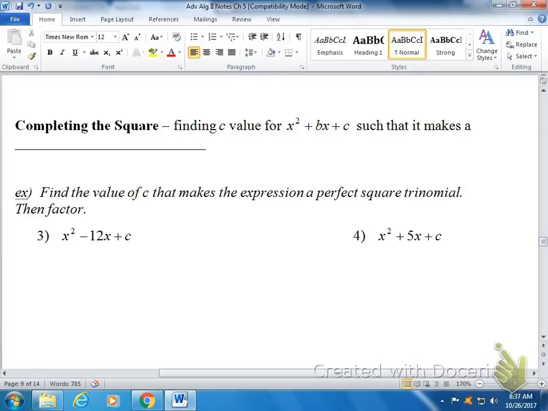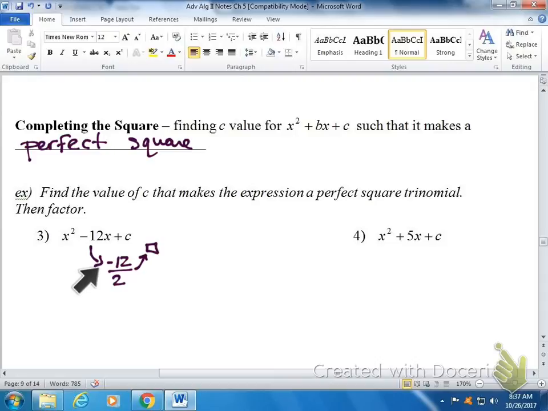So we want this to make a perfect square. That's the goal. So now we're going to see where that formula up in the top of our guided notes really comes into play. We're going to take that middle term, divide it in 2, and then square it. That's what our c is going to be.